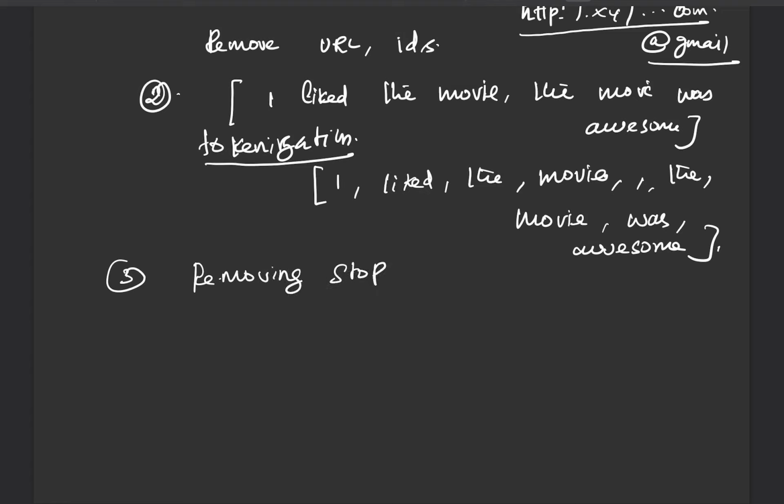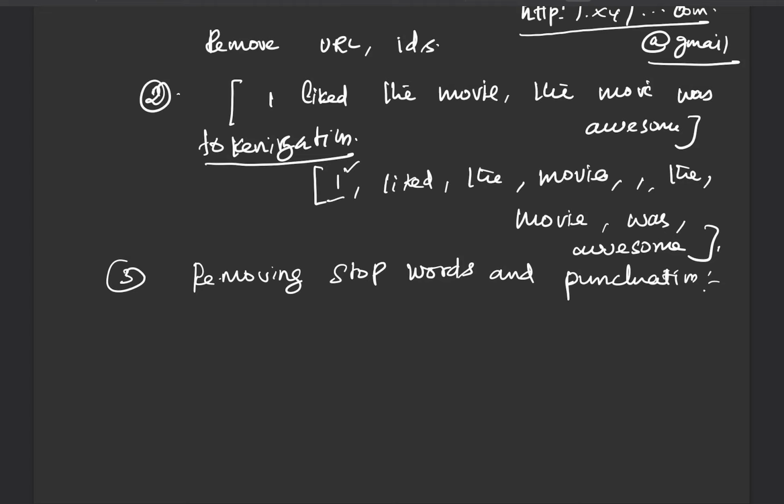The third one is removing stop words and punctuations. Why do we do this? When I look at this list, some of the words are not relevant for my sentiment analysis. Look at the word I. How do I classify I, whether it is a positive sentence or negative sentence? How much value is this I giving towards my prediction?